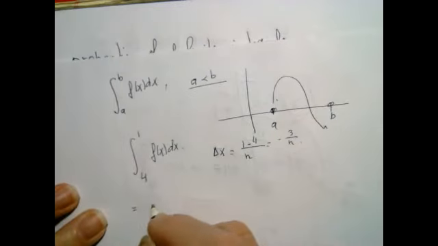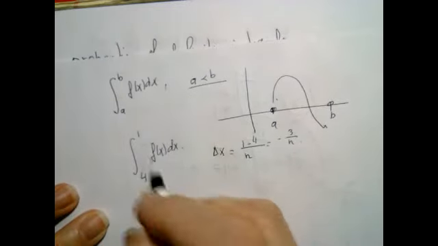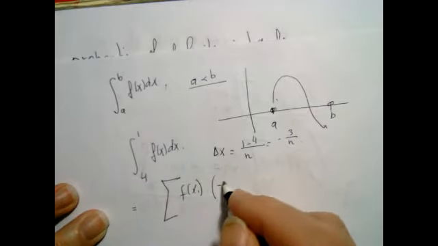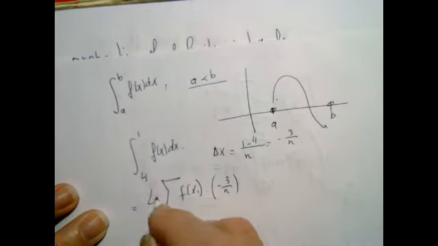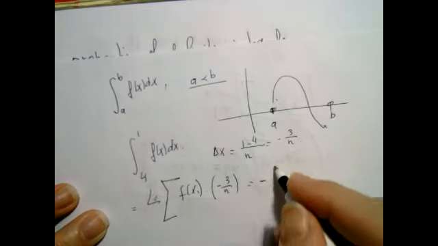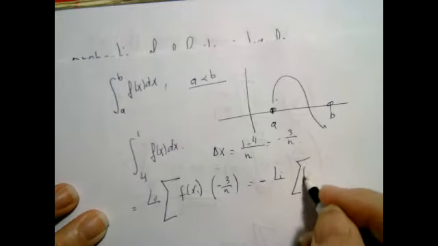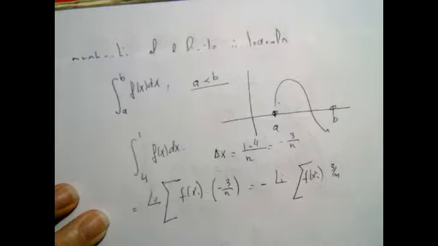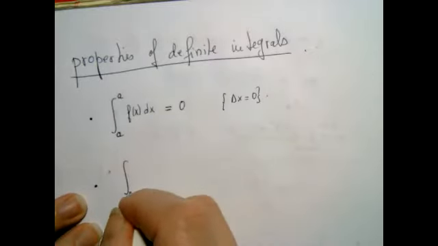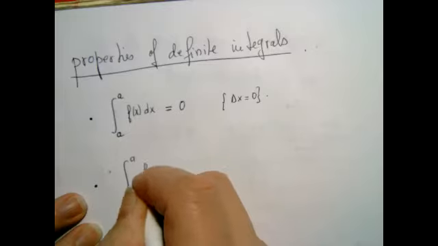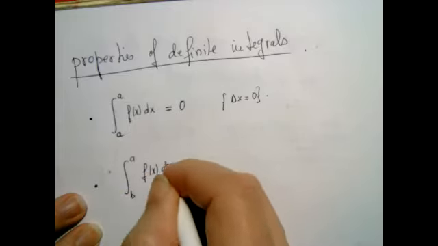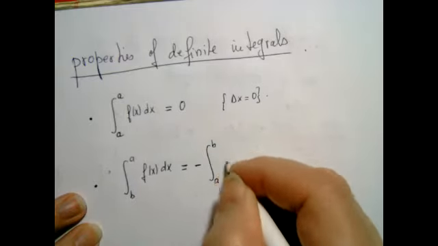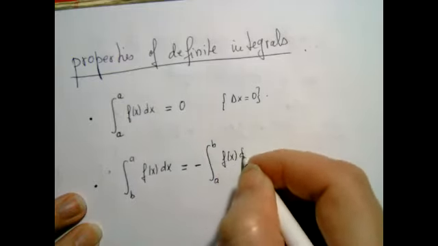So the sum is sigma f of xi times minus 3 over n. If I take the minus out, it will be sigma f of xi times 3 over n. So in other words, the integral from b to a of f of x dx is minus the integral from a to b of f of x dx.